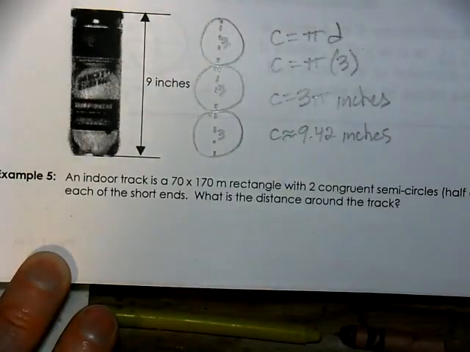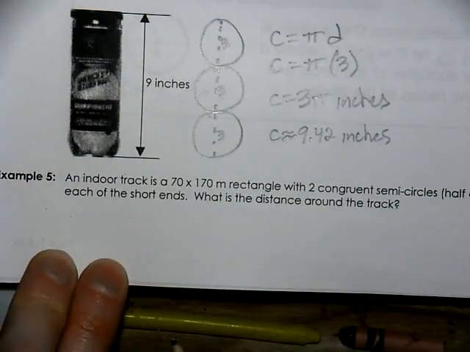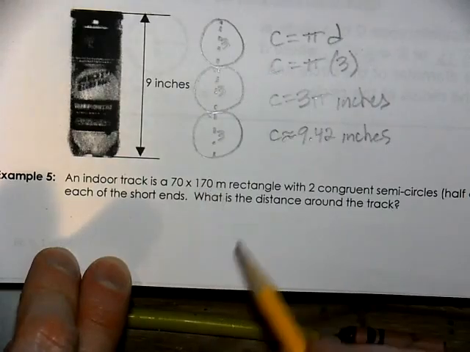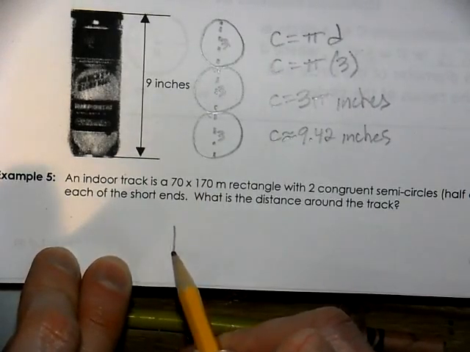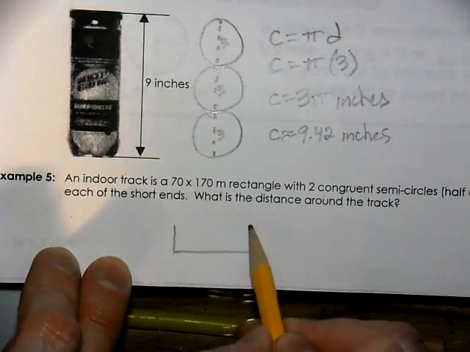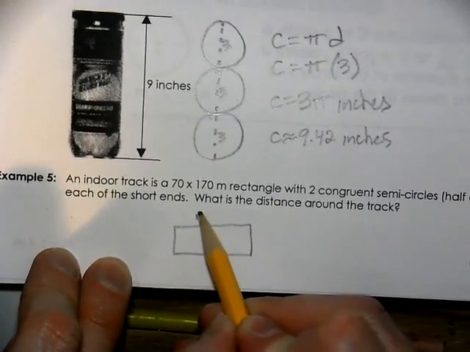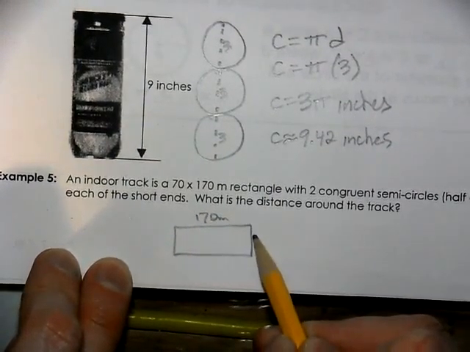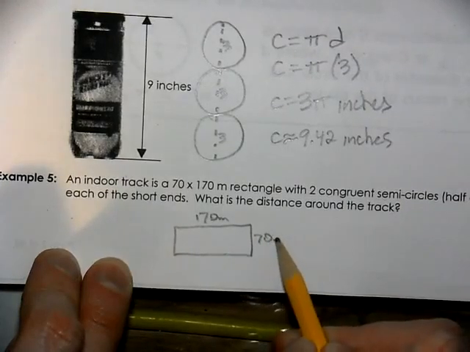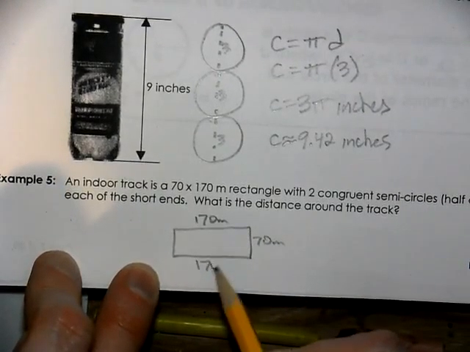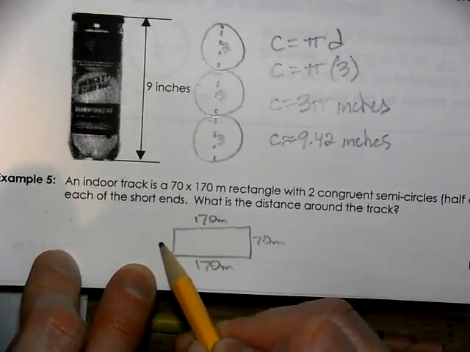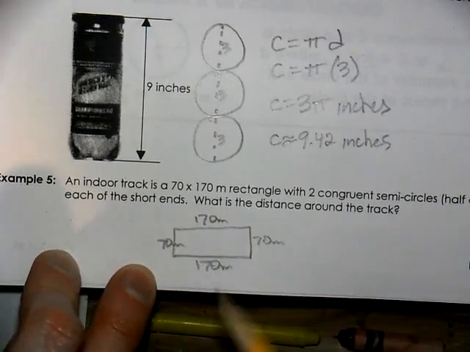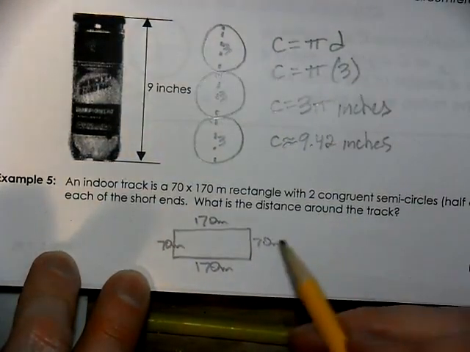An indoor track is 70 meters by 170 meters of this rectangular shape. So we have 170 meters, 70 meters, and we're going to continue that all the way around our rectangle.